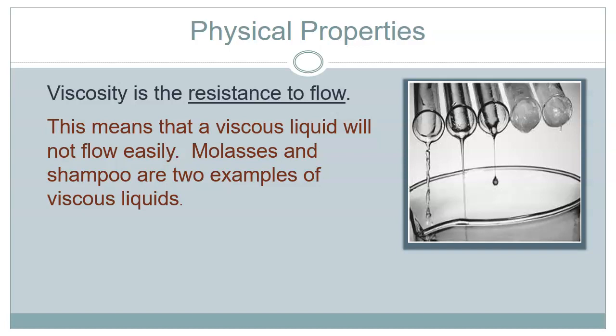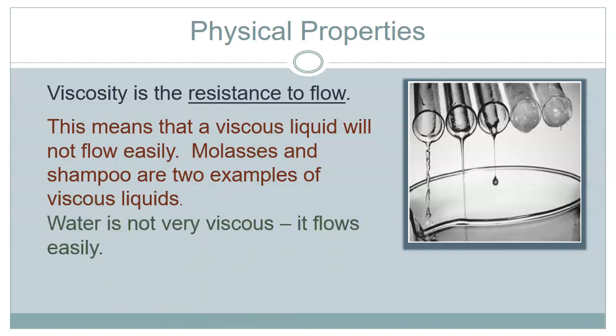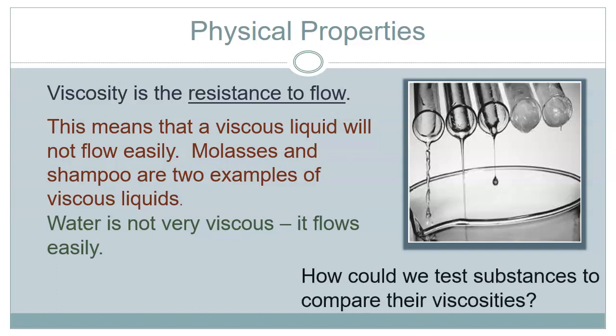Maybe you can think of other viscous liquids that don't flow very easily. Elmer's glue would probably be considered a pretty viscous liquid also. Water, on the other hand, is not very viscous. It flows very easily. It is not difficult to pour it out of a small container.